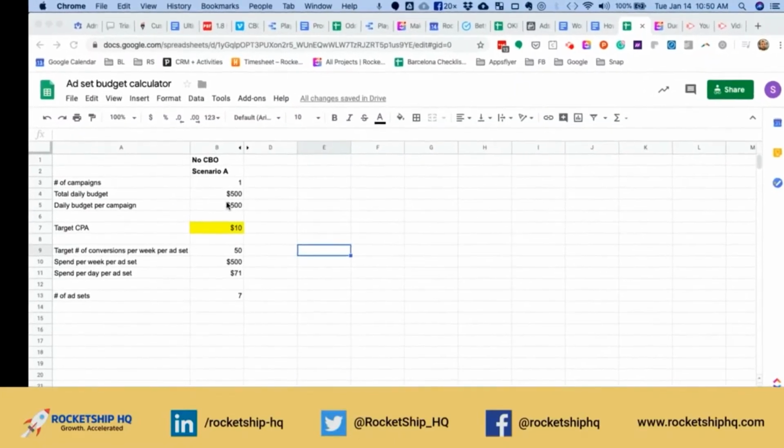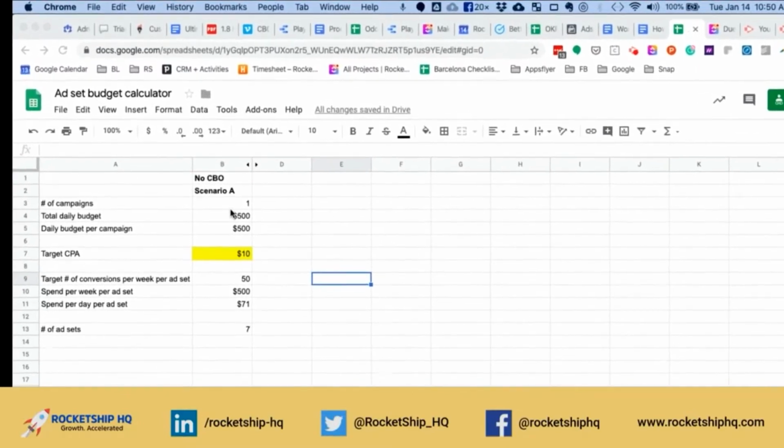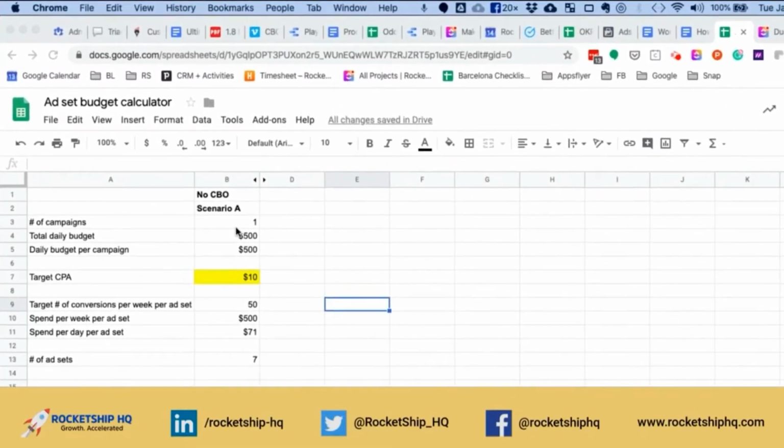Okay, let's look at the spreadsheet. Let's assume, for the sake of simplicity, you have one campaign and you have a daily budget cap of $500, which would mean you're allowed to spend up to $500 a day. Now, how do we think about this?